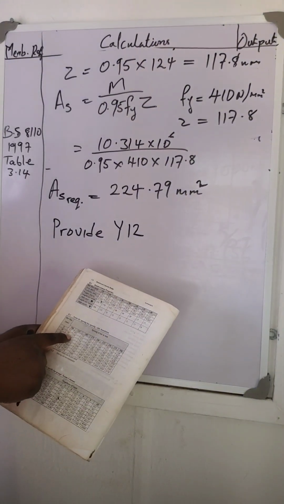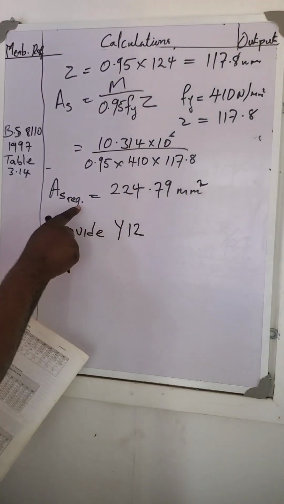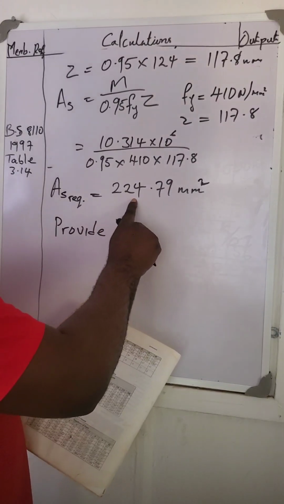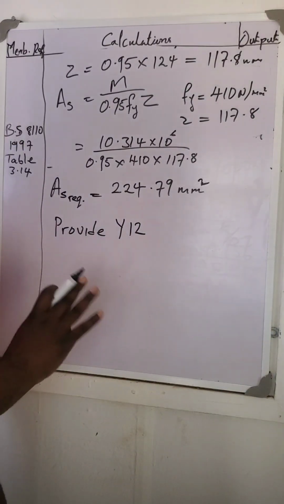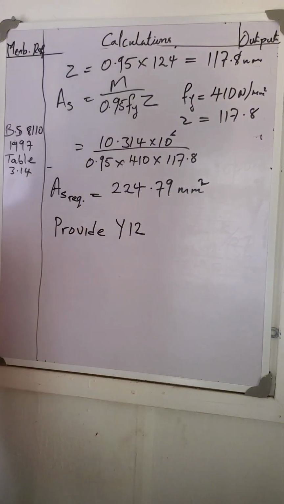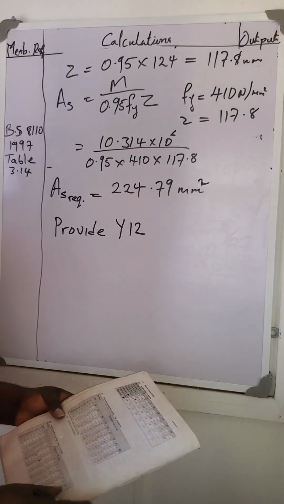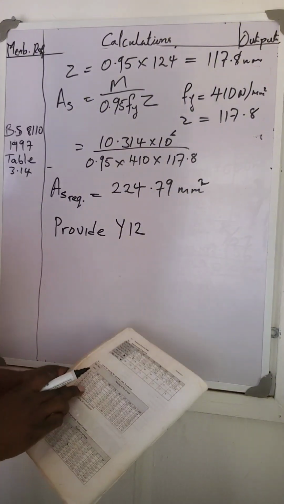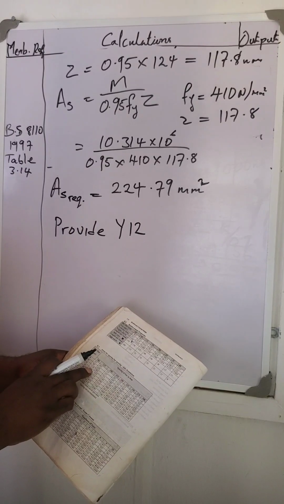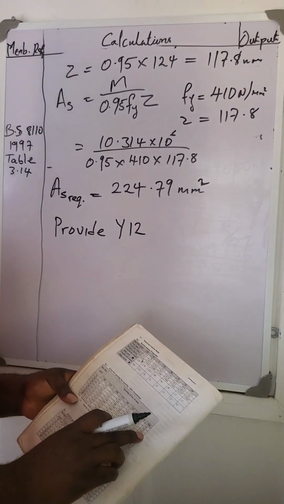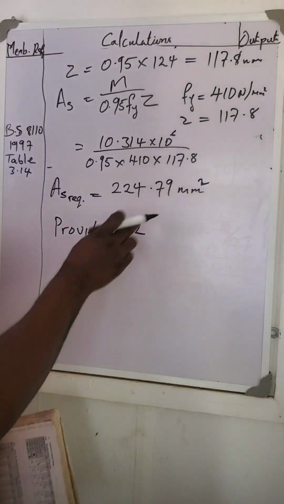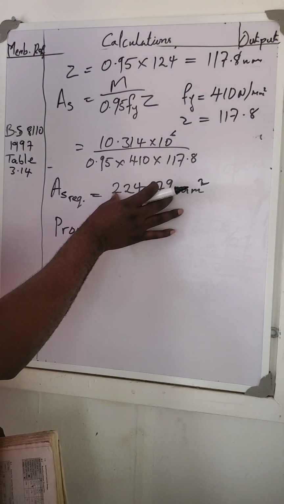You also obtain the value of this. You know, area required is equal to 224.5. Now, the steel they are producing in this country is substandard. So if I want to provide now, I would have provided Y12 at 300 center to center. That area would have been 377 millimeter square, which is greater than this. It's okay.